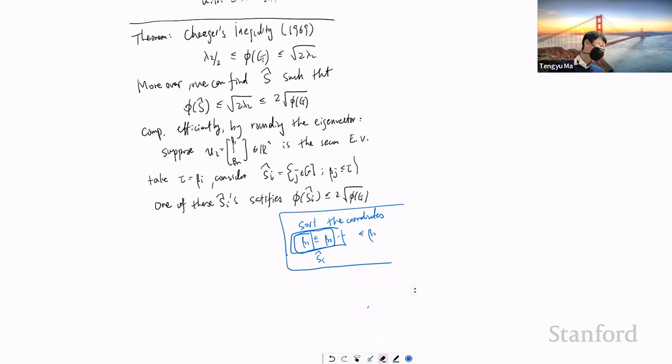I'm not going to prove it. If you are interested, there are a lot of lecture notes that prove this. Is the theorem that exactly one of these S hat i's satisfies that, or at least one? At least one of them.